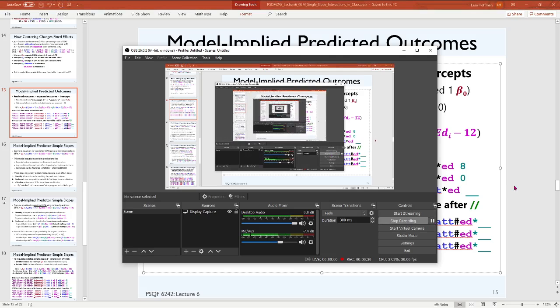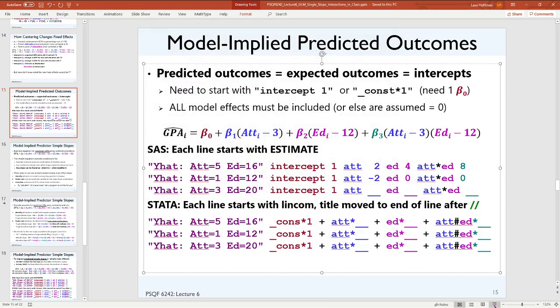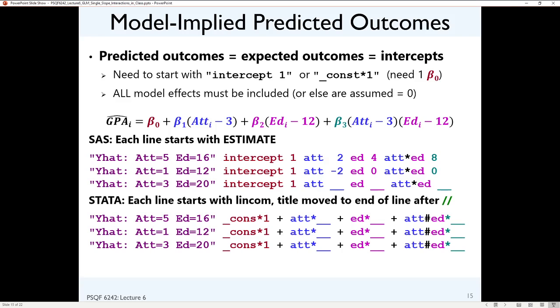Okay, and we're back. So just to do a little bit of review relative to where we left off, we've been talking about how to fit models that examine moderation via an interaction term with two predictors.